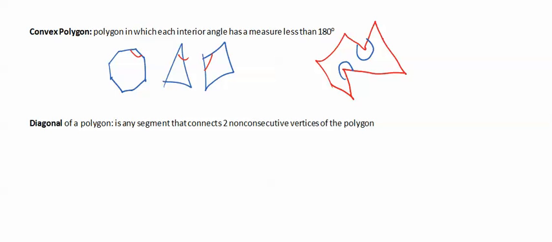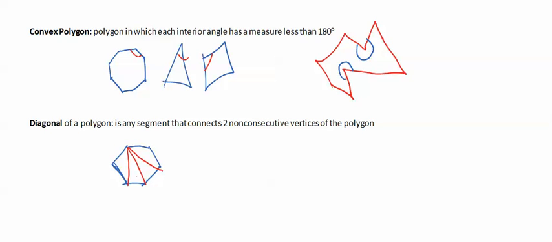Now, another definition you're probably familiar with is diagonal of a polygon, which is any segment that connects two non-consecutive vertices of the polygon. If you look at this hexagon right here, let's draw the diagonals. So here would be a diagonal from this vertex to there.